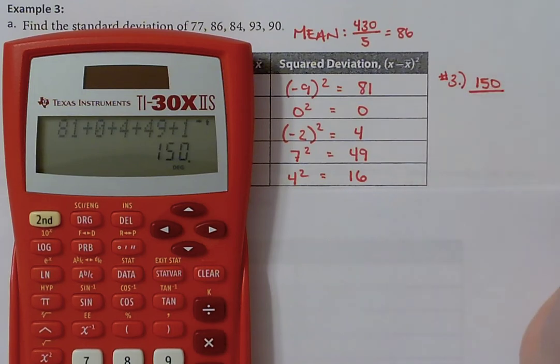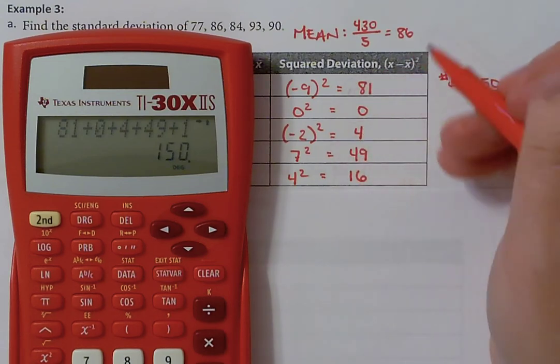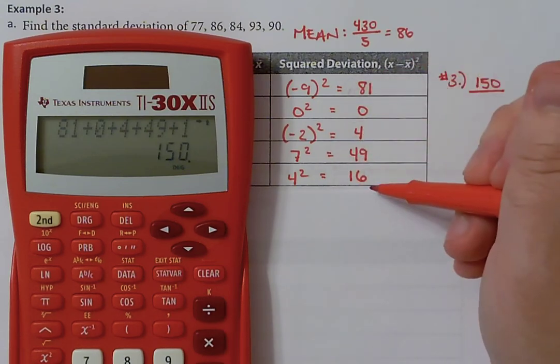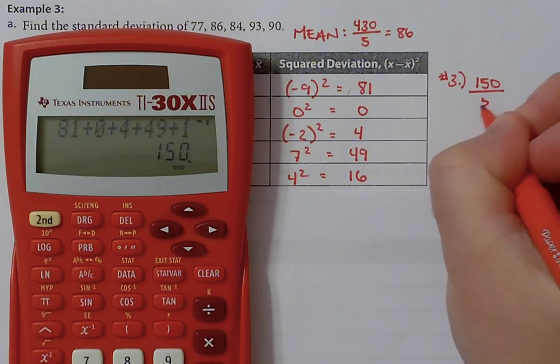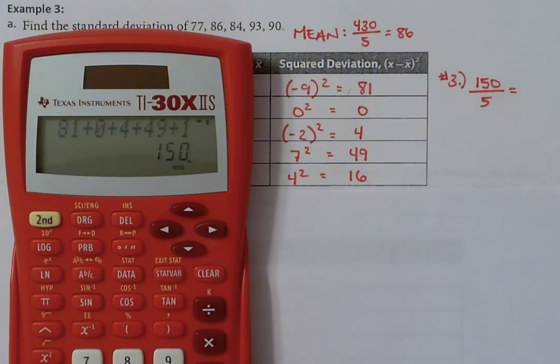And then we're going to divide by how many there are. So we're finding the mean of our squared deviation. So we added them all up and divide by how many, which is 5. And if we do 150 divide by 5, we get 30.